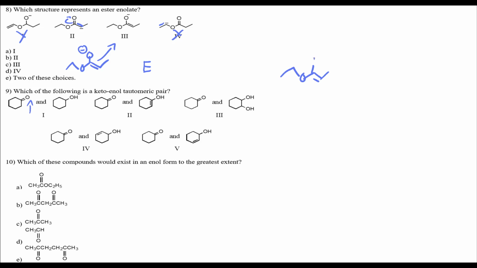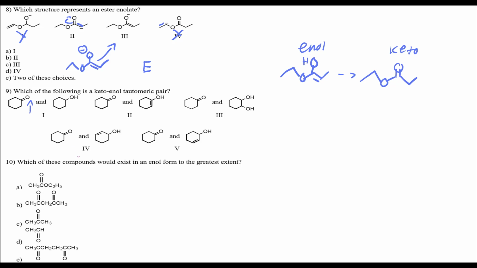If I made an alcohol, this alkoxide would disappear and it would form an alcohol. That's called the enol form, and this would be the keto form. So this is the enol, and this is the keto, and you would call them the keto-enol tautomeric pair. That's an example.